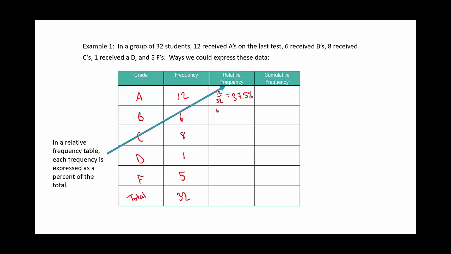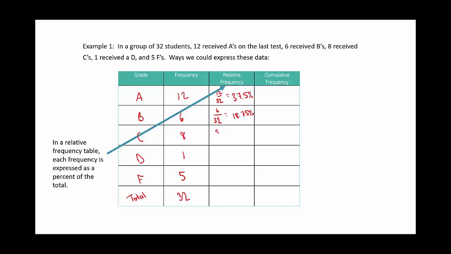There were 6 out of 32, so the relative frequency would be 6 divided by 32 times 100. Because 6 is half of 12, I can take the 37.5 and divide it by 2 to save myself a little time, and this would be 18.75%.